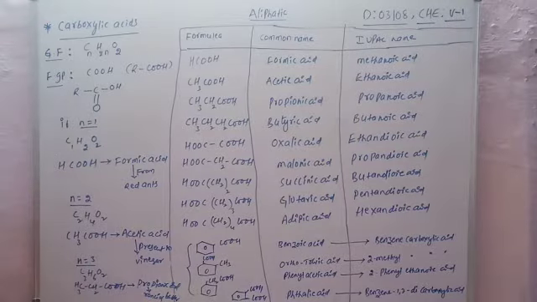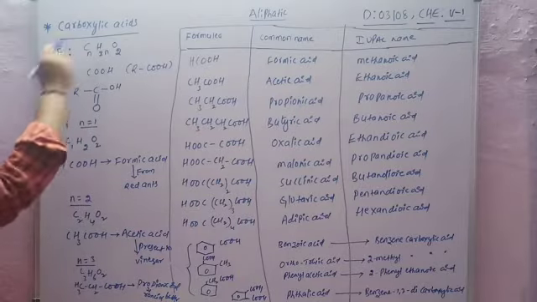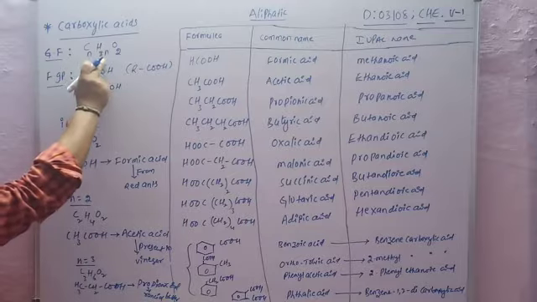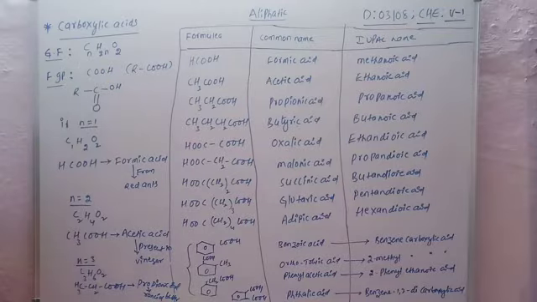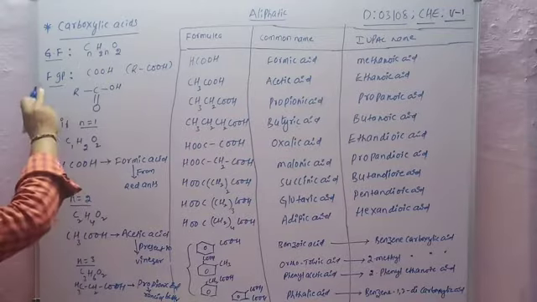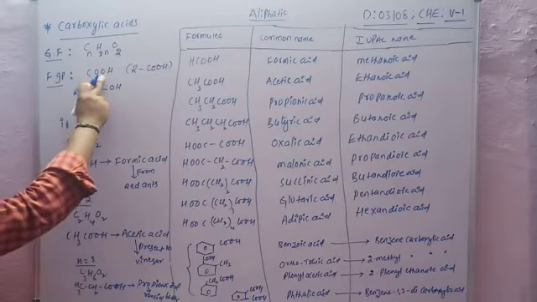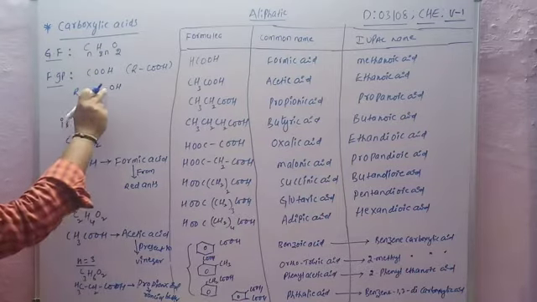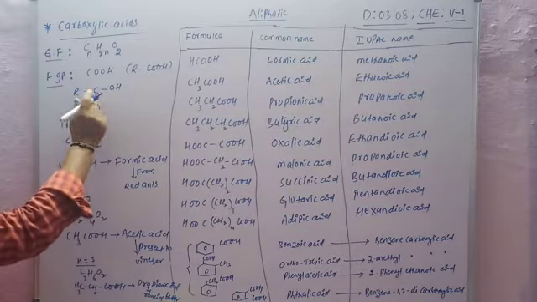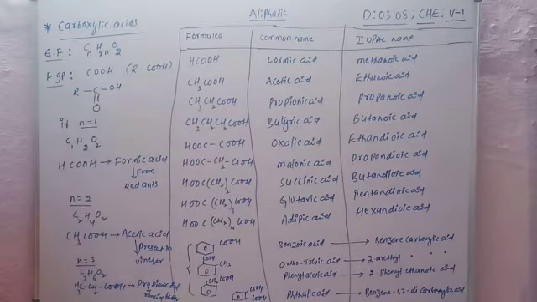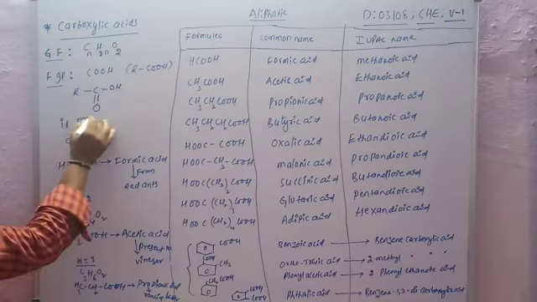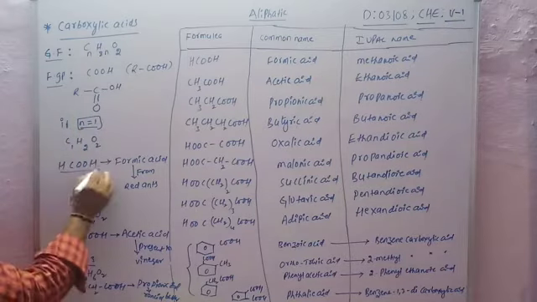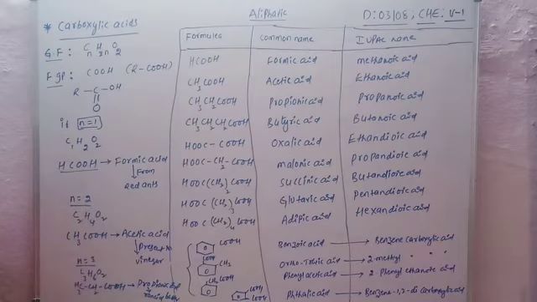So this is the introduction to carboxylic acids. The carboxylic acid general formula is CnH2nO2. The functional group is COOH or RCOOH. Carbon valency is 4. If n equal to 1, the compound is HCOOH, formic acid.